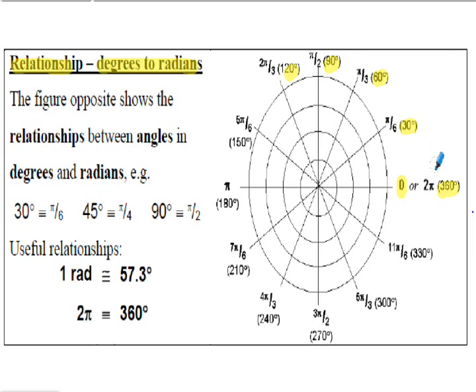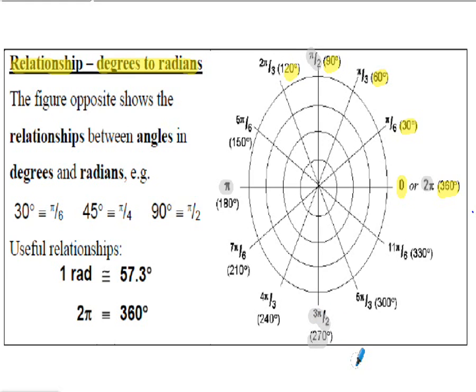So if one complete revolution relates to an angle of 2 pi in radians, then half a revolution equates to an angle pi, or 180 degrees. That means a quarter of the revolution is 90 degrees, or pi upon 2, and 3/4 of a revolution is 270 degrees, or 3 pi upon 2, 1.5 pi.